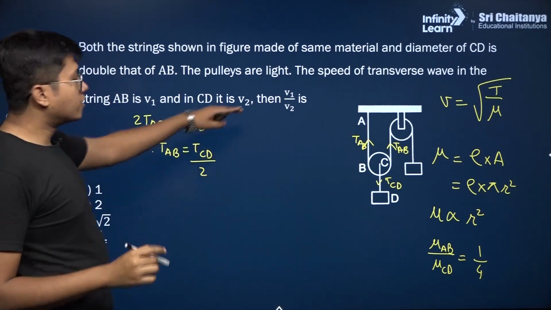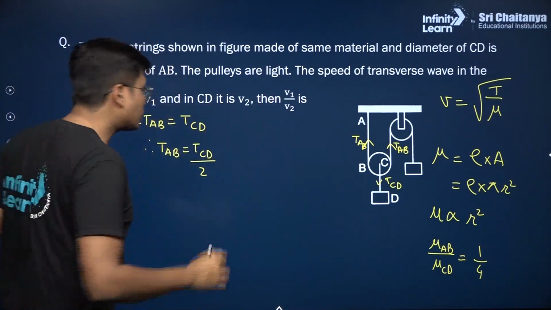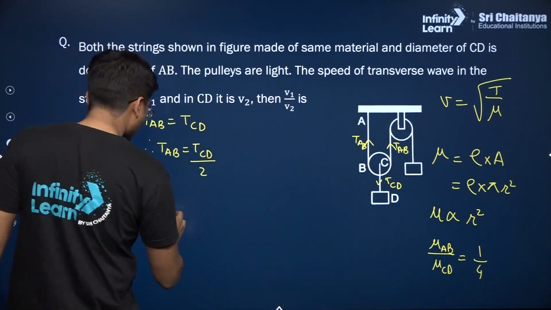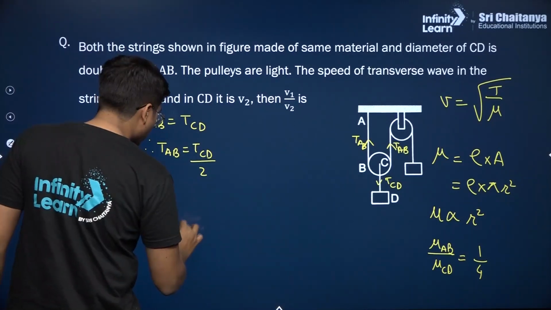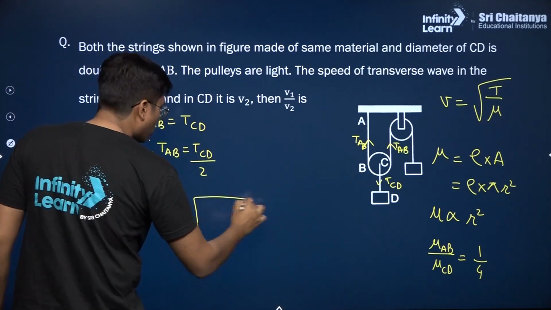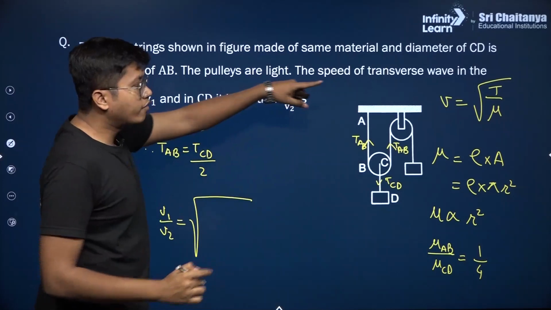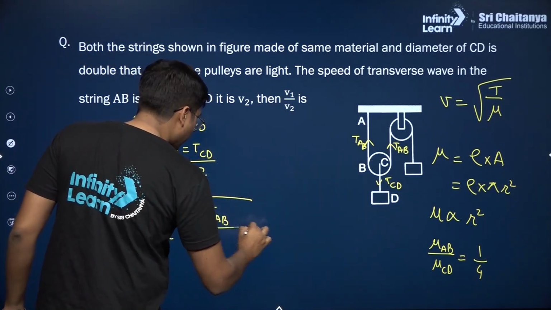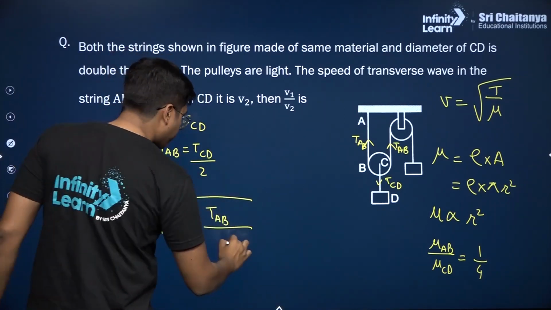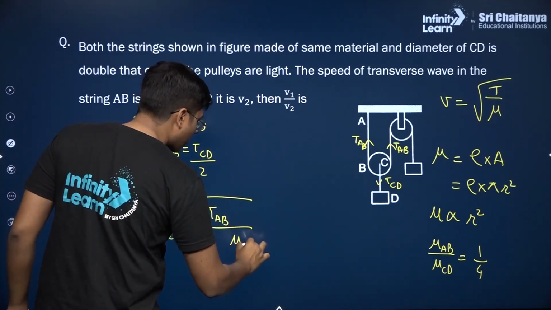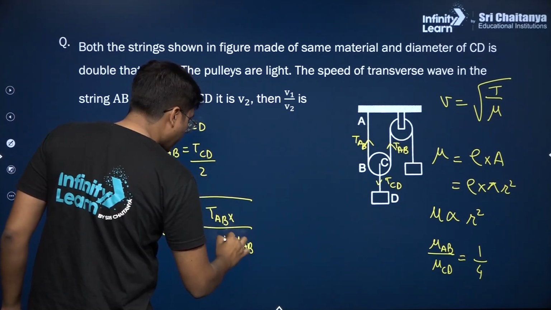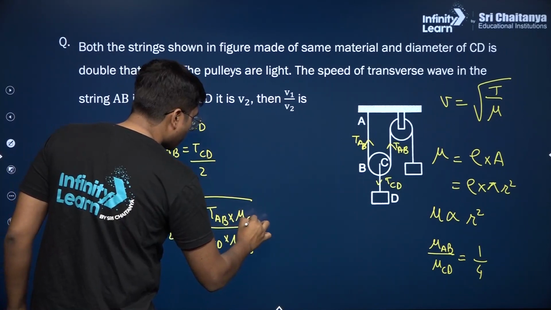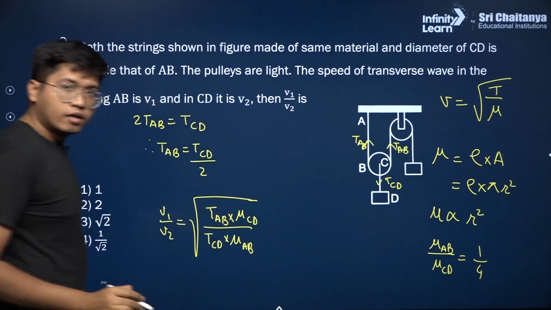Now we can find the ratio of their speeds, because since this is the relation, we can tell that V1 by V2 is equal to root over of, firstly V1 will involve TAB, so TAB divided by mu AB, over here divided by TCD into mu CD, right?